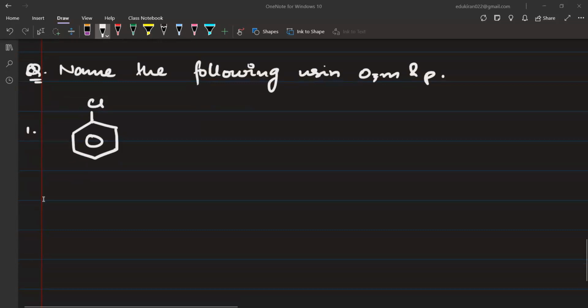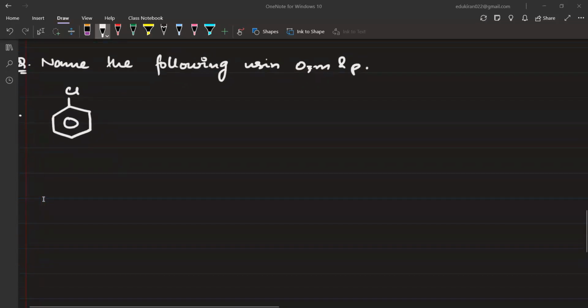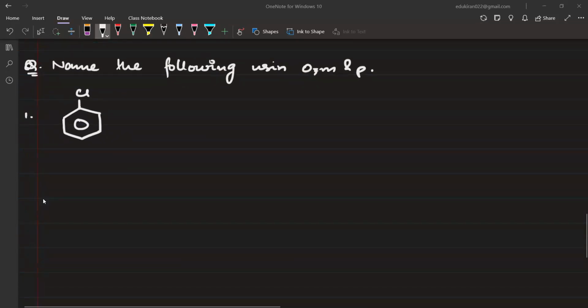And just a reminder to all of you guys, please don't forget to add the circle inside the benzene ring. Okay. So for example, you have chlorine here and a chlorine here. So obviously these are in meta position, right? Sorry, para positions. And we don't have any base name in which chlorine is attached. That is why we are just going to write it like this.